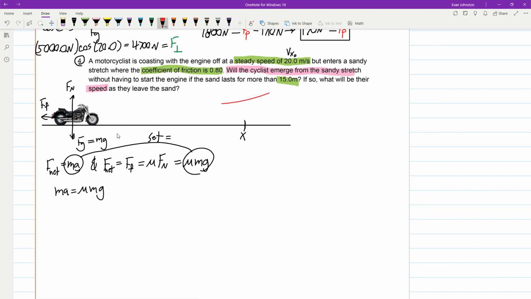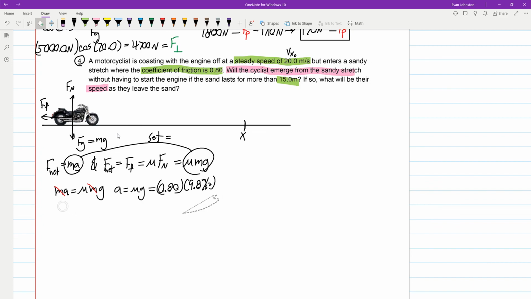We weren't told how heavy the motorcycle is, but the m's cancel, so we don't need to worry about it. So in the end, a is equal to mu times g, so we just have 0.80 times 9.8 meters per second squared.